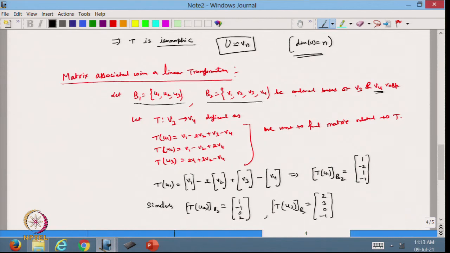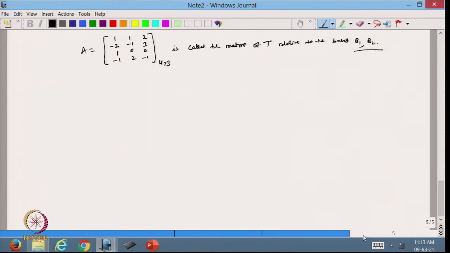We take ordered bases because we are using the corresponding coordinate vectors. If we change the order, the coordinates will change, and that will be a different vector in that case. So, this is the corresponding matrix we are able to define.